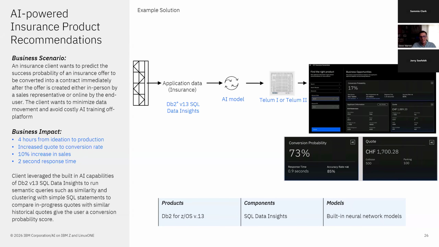Using AI and something called Db2 SQL Data Insights, which comes with version 13, they were able to give much more accurate recommendations that had a much higher likelihood of the client actually purchasing, which resulted in a 10% increase in their sales.